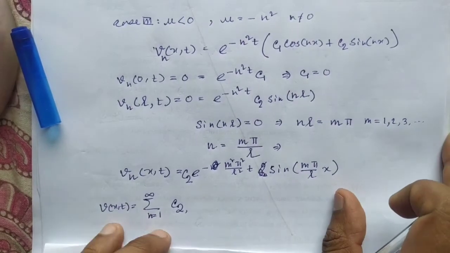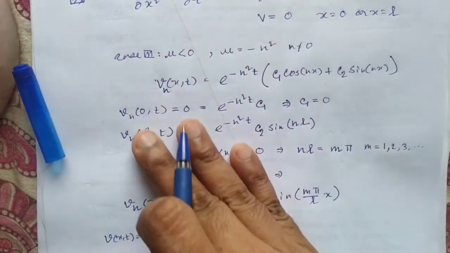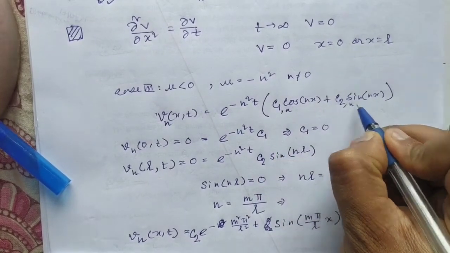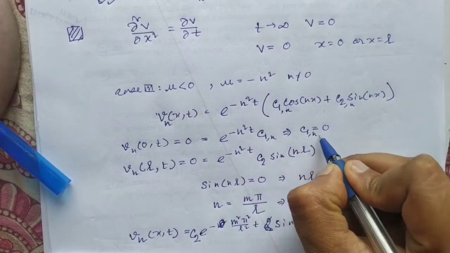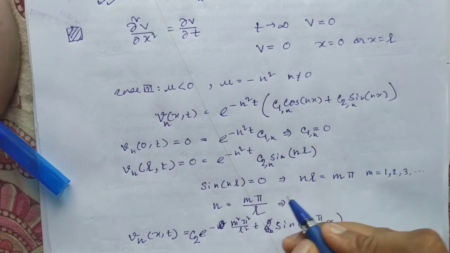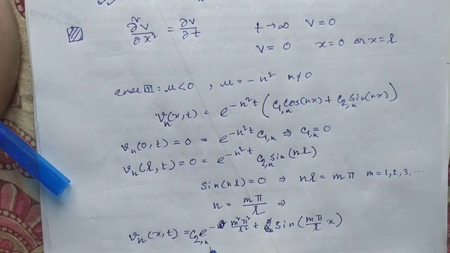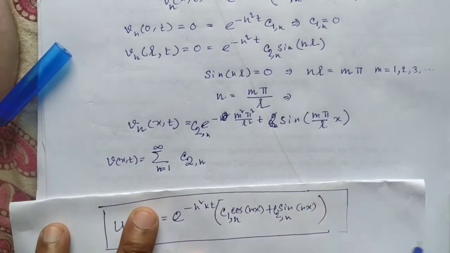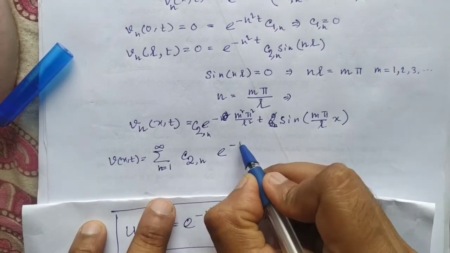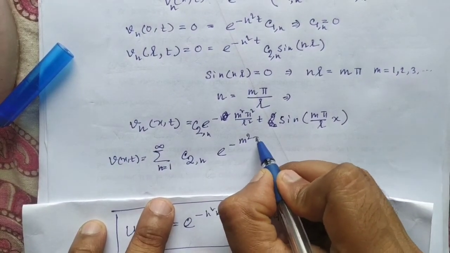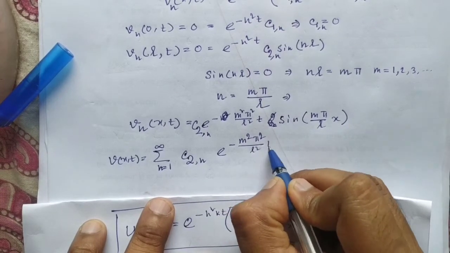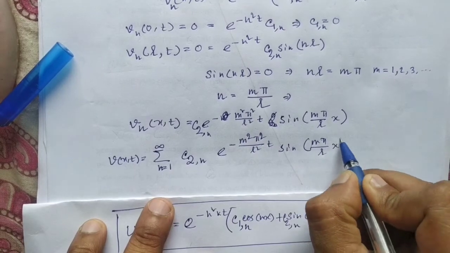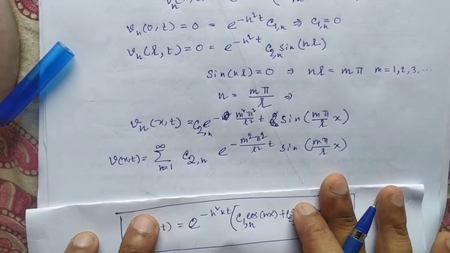So this will be C2n. Now your final solution is e to the power minus m square pi square by L square t times sine m pi by L x. This is the solution.